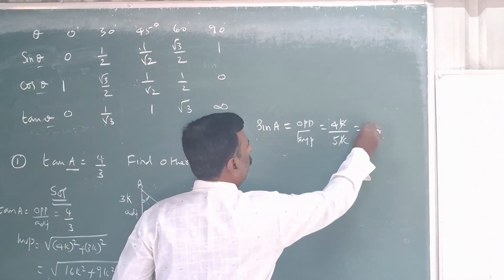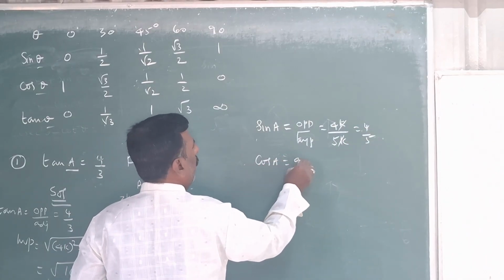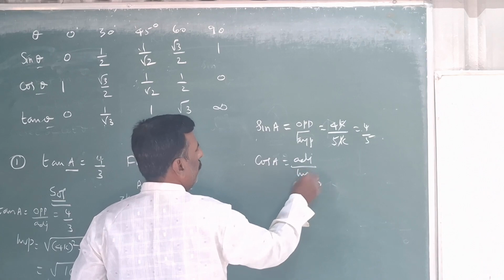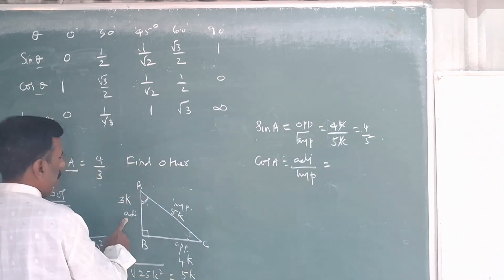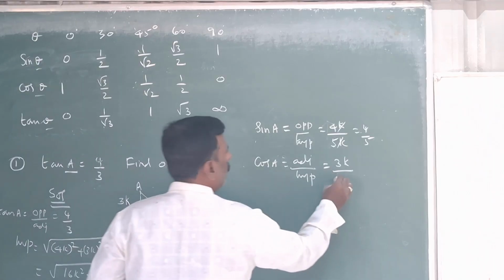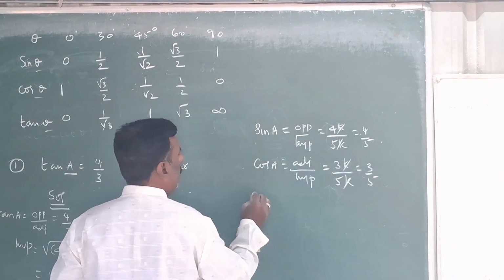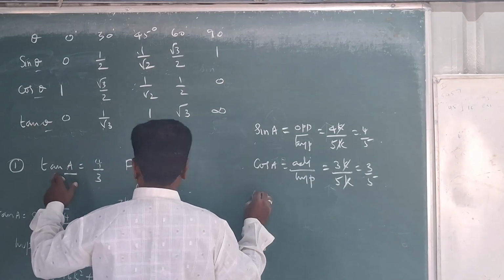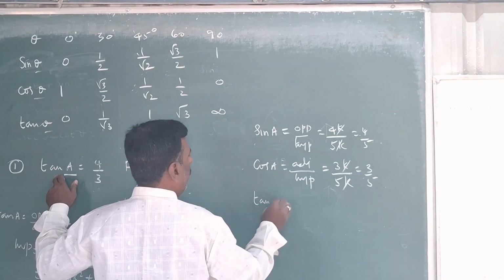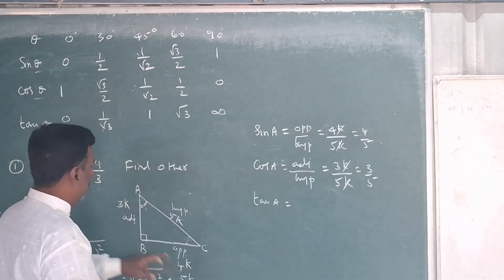K cancels, 4/5. Then what is cos A? Adjacent side by hypotenuse. Adjacent side is 3K by hypotenuse 5K. K cancels, 3/5. And tan A is already given in the problem. That is 4/3.